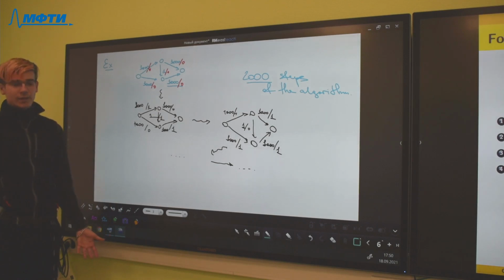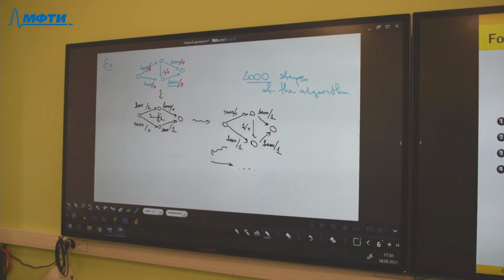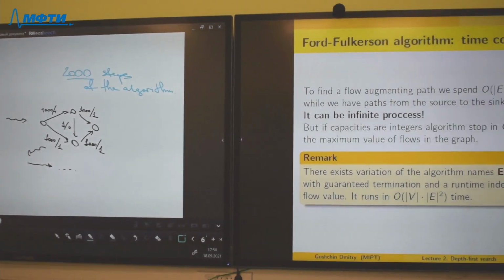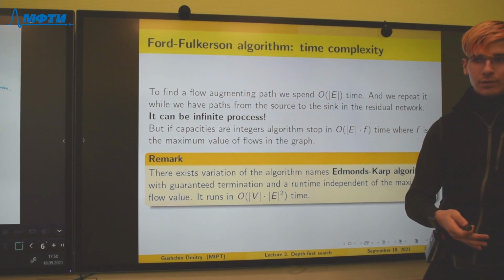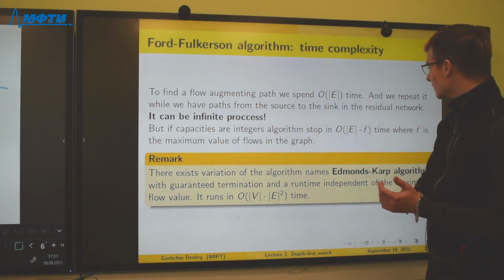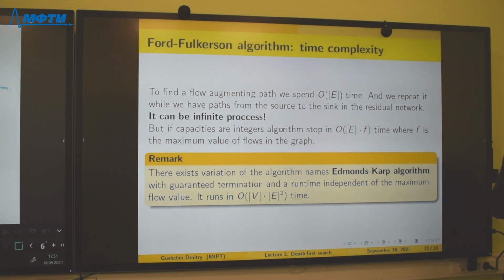So we have 2000 steps of the algorithm. And it is bad, of course, because we want time complexity that depends only on the number of edges or vertices, and does not depend on the capacities.